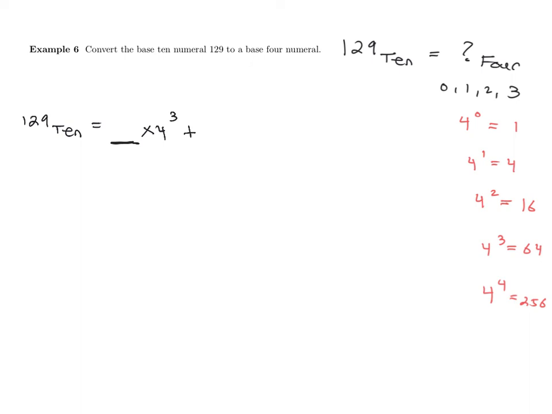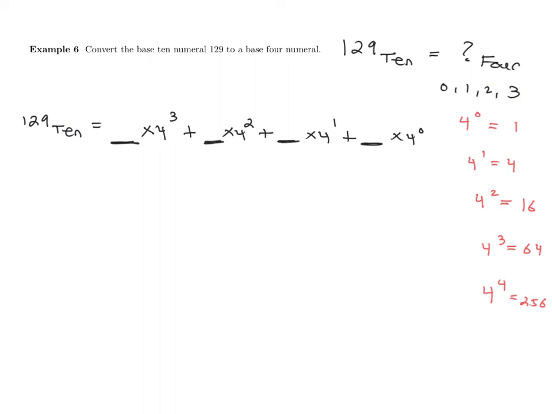And then you're going to have some other digit that's in the 4 to the power of 2 place. And this trend will continue. Got to come up with some digit that is in the 4 to the first place, and then some digit that's in the 4 to the power of 0 place. This is a harder problem because in the previous examples, we only had to go here. In this one, we got to go a little bit further.